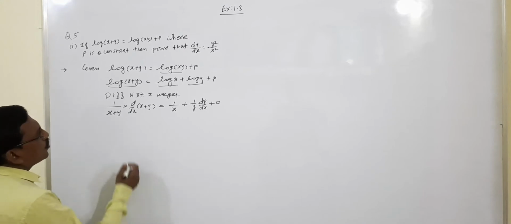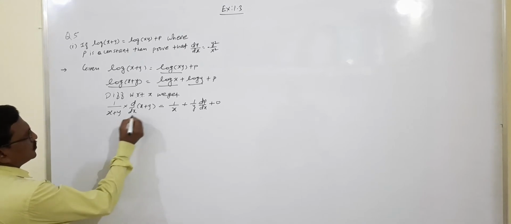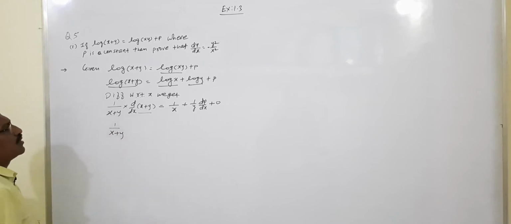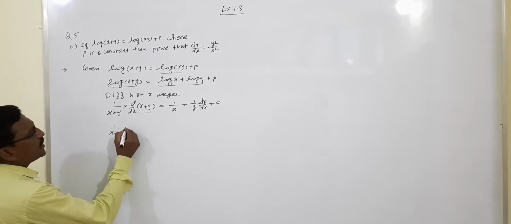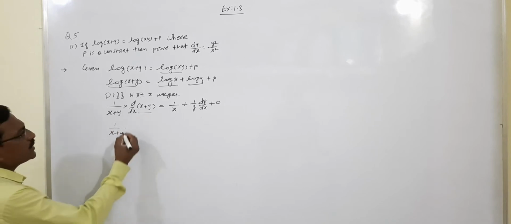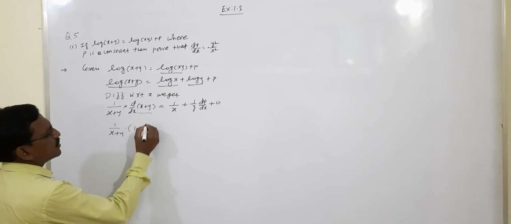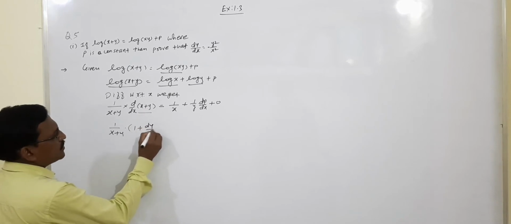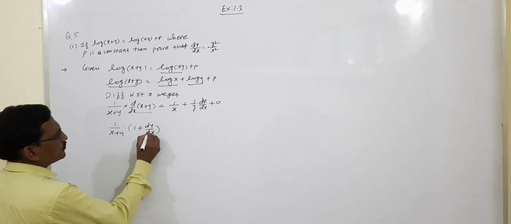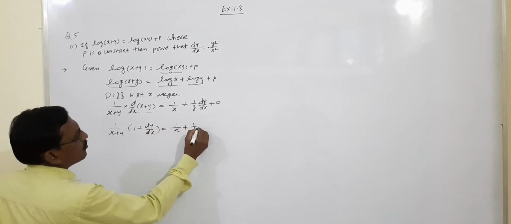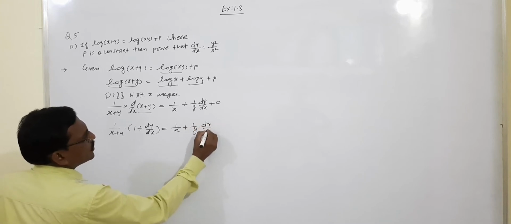Now we take its derivative: 1 by x plus y into the derivative of x with respect to x, which is 1, plus the derivative of y with respect to x, which is dy by dx, is equal to 1 by x plus 1 by y into dy by dx.